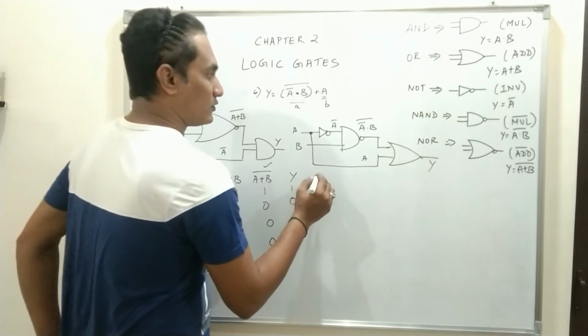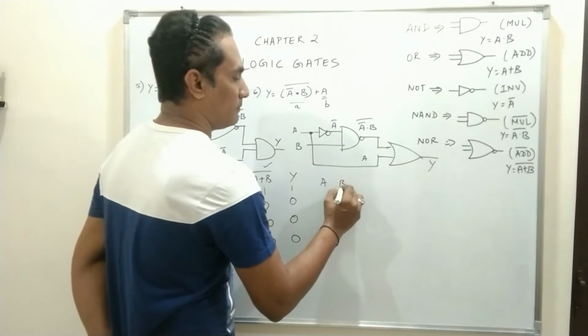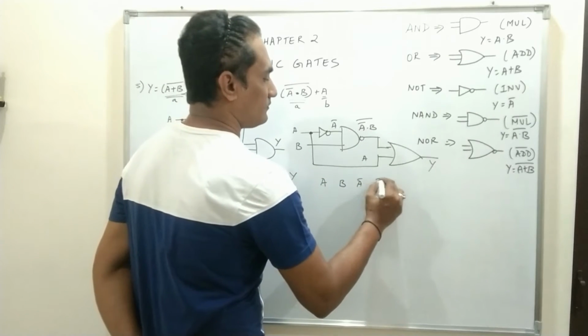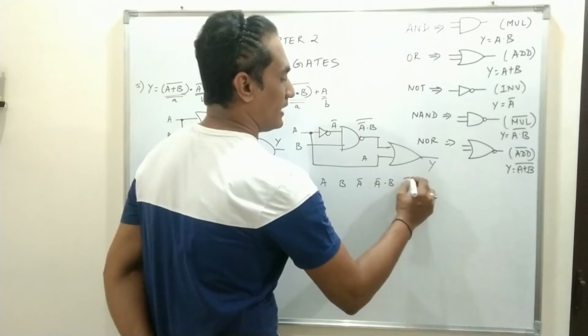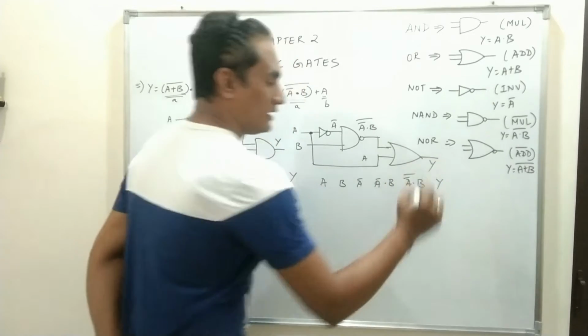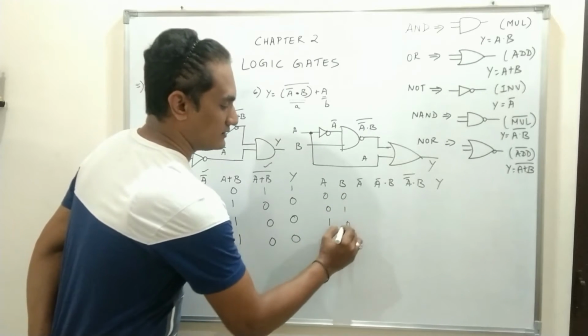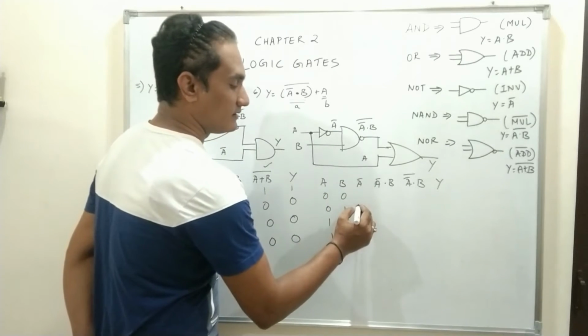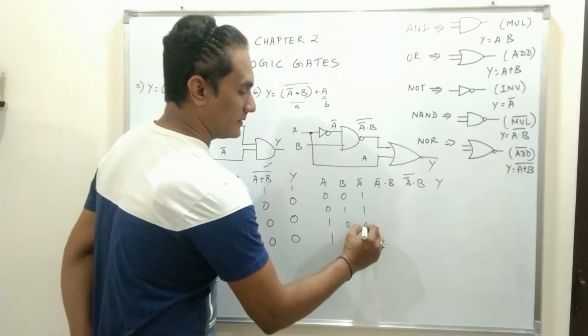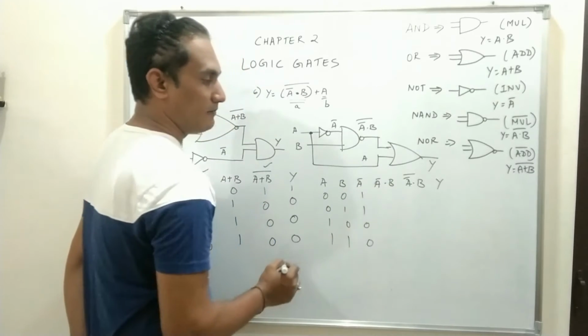Next, the truth table, again a, b, a bar dot b, (a bar dot b) whole bar, and y. So again 0 0, 0 1, 1 0, 1 1. A bar is the complement of a, 1 1 0 0. What will be a bar dot b?